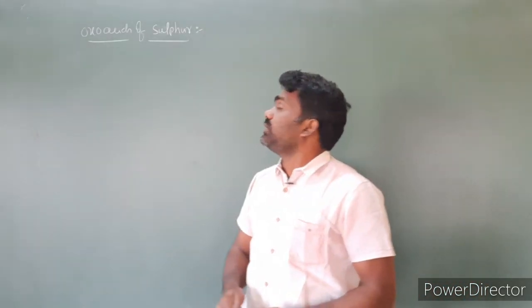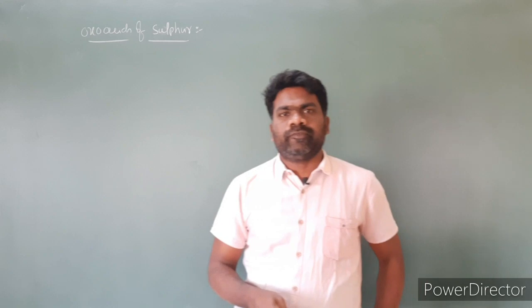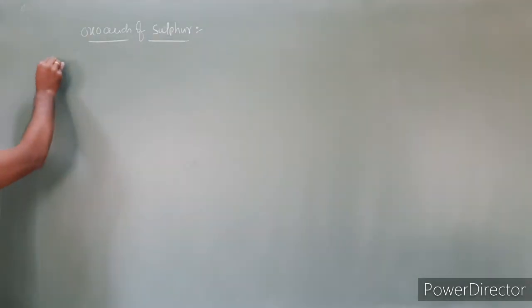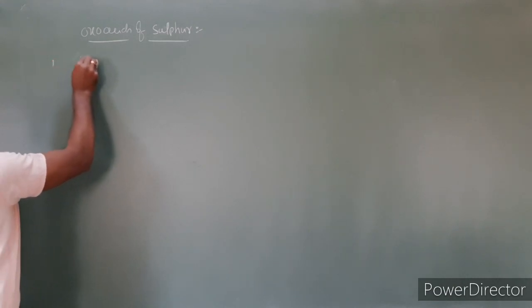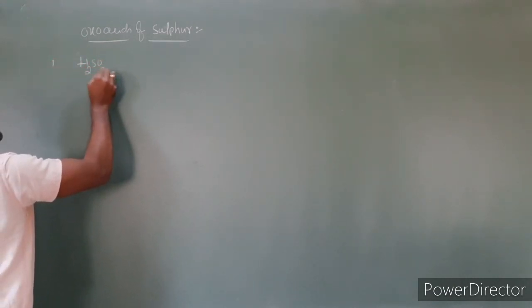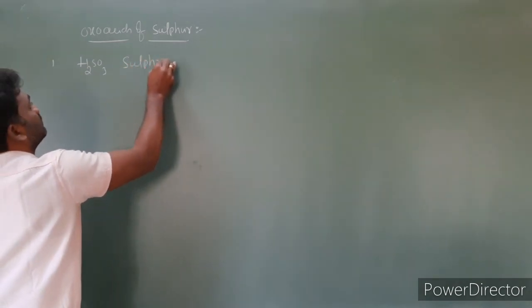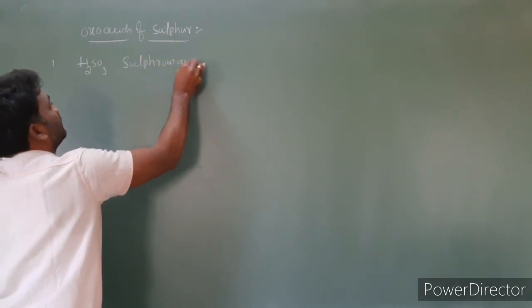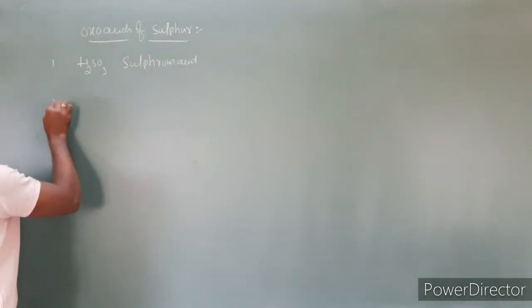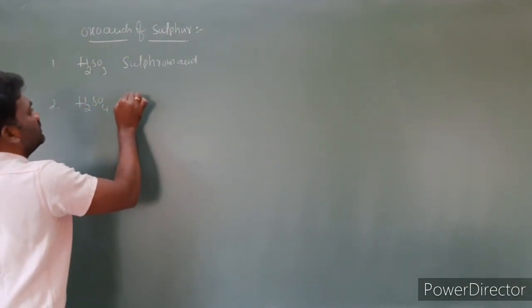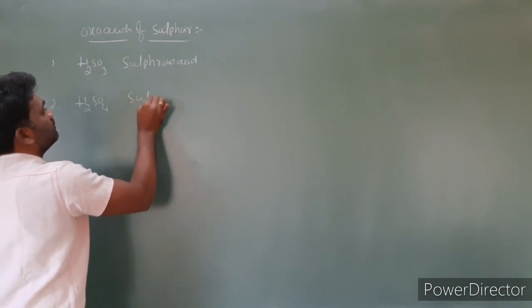Next, oxo acids of sulfur. Sulfur forms a number of oxo acids. For example, I am taking H2SO3. This is sulfurous acid. Next, I am taking H2SO4. This is sulfuric acid.